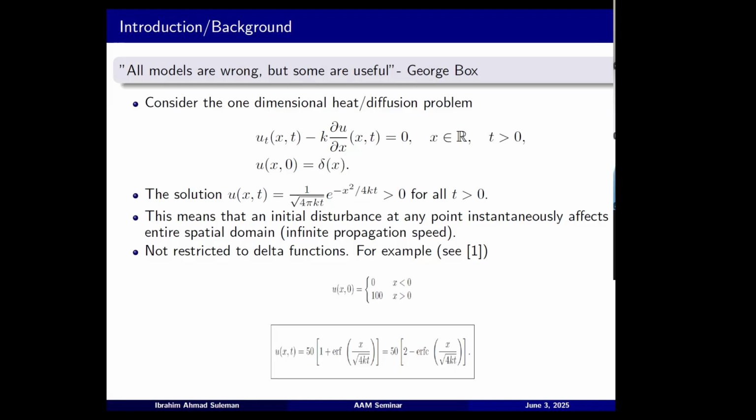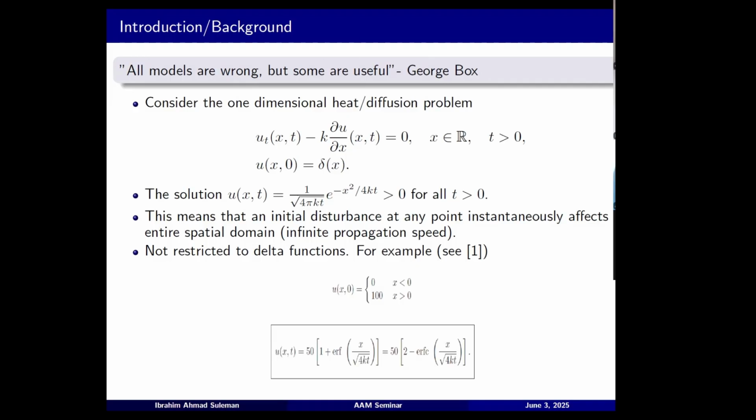Now, what this means is that you start with an initial data which is concentrated at a point, and then instantaneously the entire domain is covered by the solution, meaning that an element in the domain, no matter how far it is from this concentrated source initially, will feel a disturbance in temperature instantaneously.